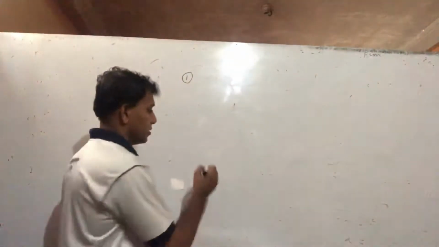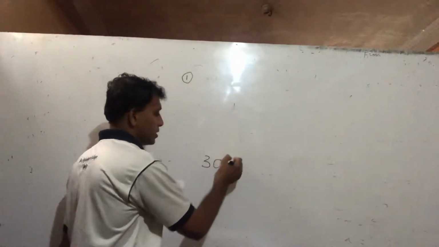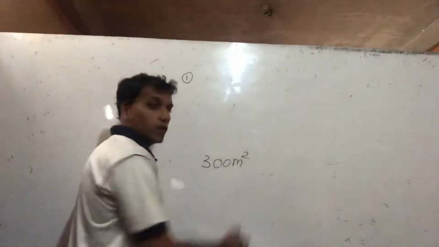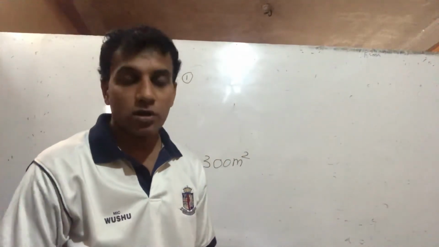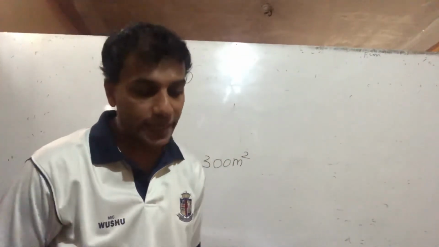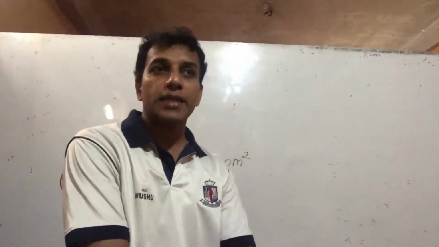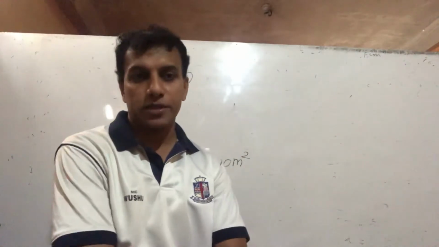If its area is 300 meters square, find the length and the breadth of the rectangle.